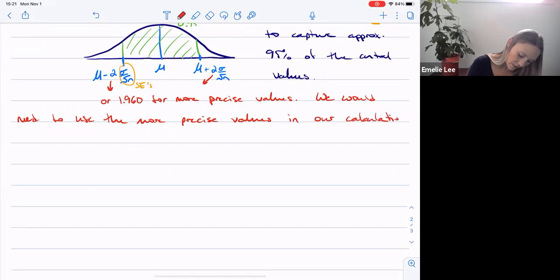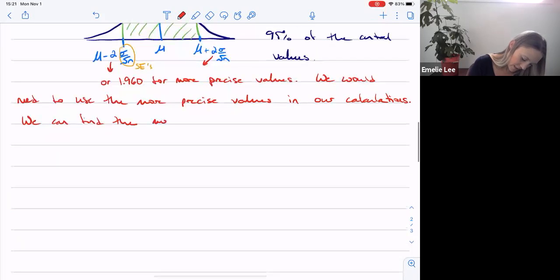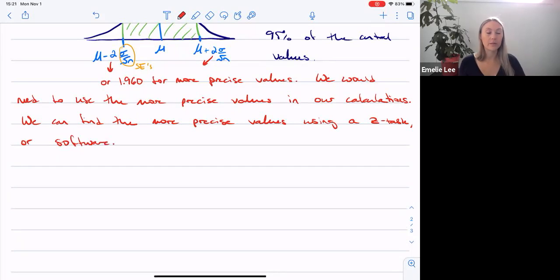I say would because we're going to let software do that heavy lifting, right? We can find the more precise values using a Z table or software, Excel or R, or even, I'm sure there are online calculators that do this.